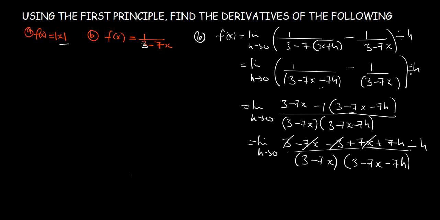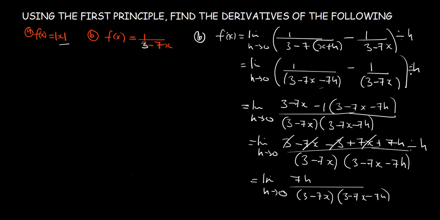So on top we have just remained with 7x. So say limit as h approaches 0, right? As h approaches 0, then what you're going to have there on top is just 7h over, then here we'll have 3 minus 7x, open bracket, 3 minus 7x minus 7h. All right, so that's what we have remained with.